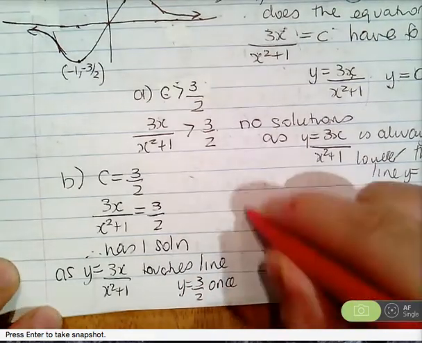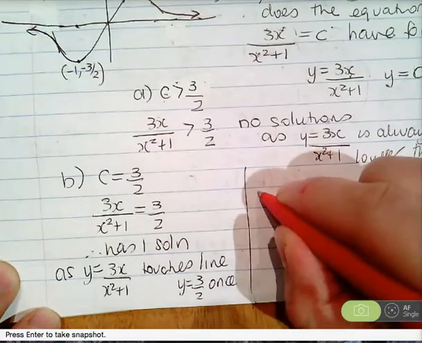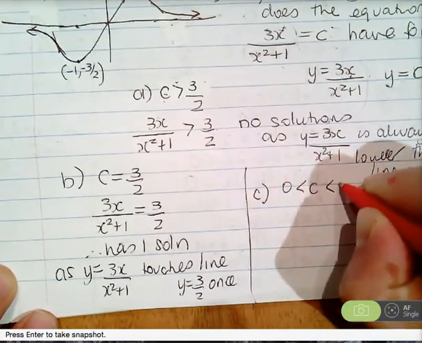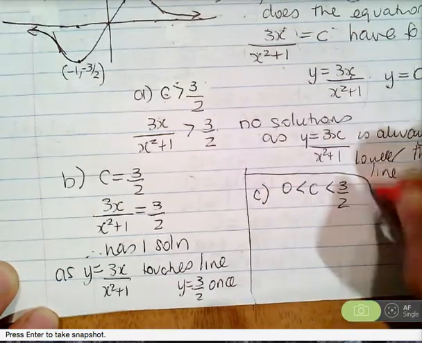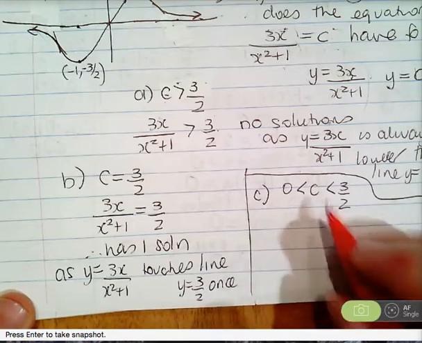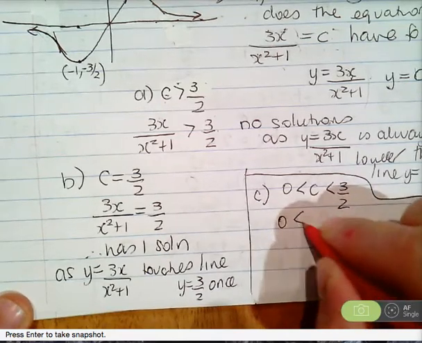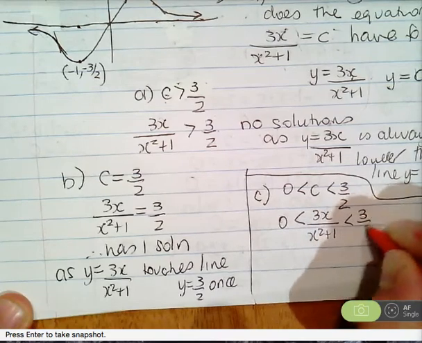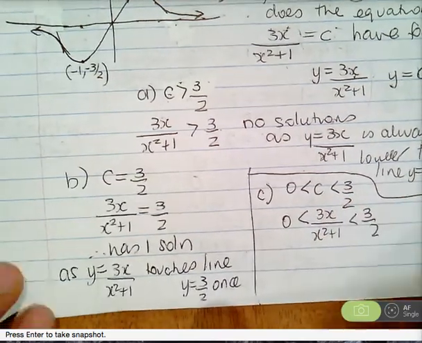For part C, we're asked how many solutions this has, where c is in between 0 and 3 on 2. In other words, where 3x over x squared plus 1 is between 0 and 3 on 2.